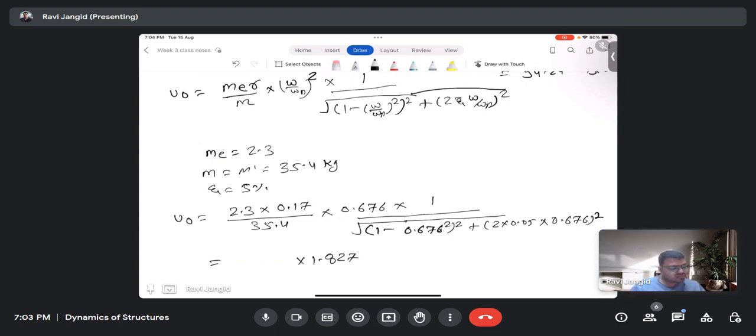You have to correct it as 0.676 square. The first part, okay, 2.3 into 0.17 into 0.676 square, so that will be square.